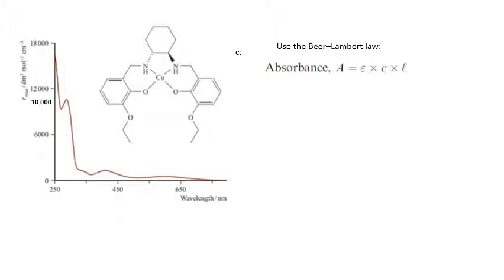So lambda 292 nanometer. From the spectrum, you know the molar extinction coefficient epsilon value, in decimeter cube mole inverse.